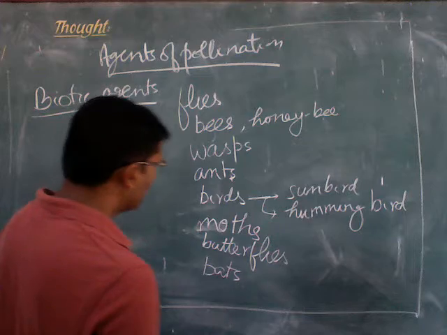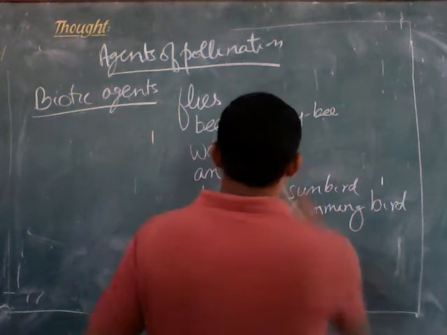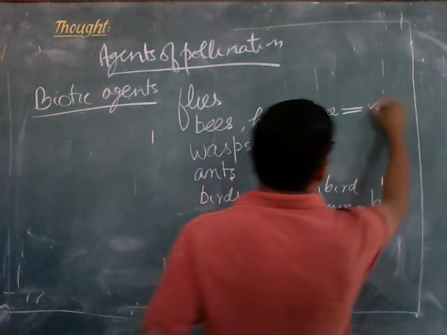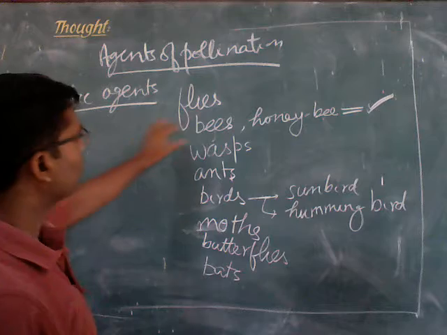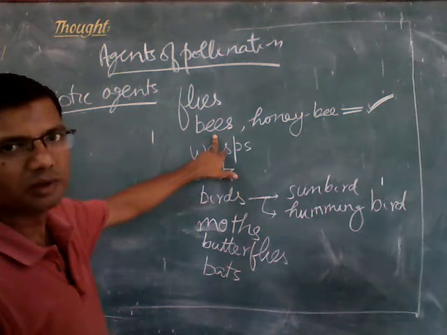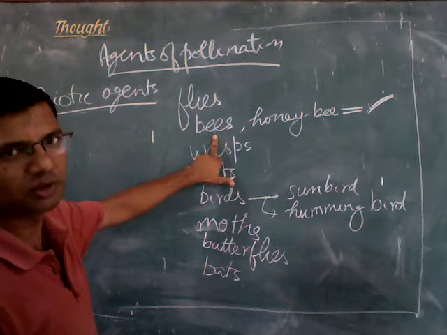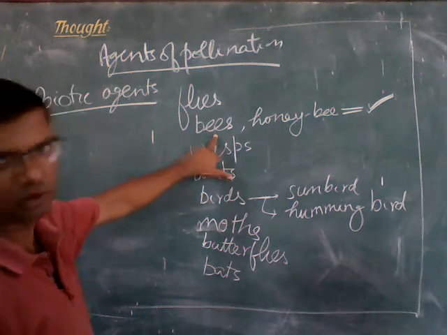So let me tell you that the flies and the bees contribute for the majority of the biodiversity. That means most of the pollination is brought about by living organisms, and the majority of that is brought about by the bees.